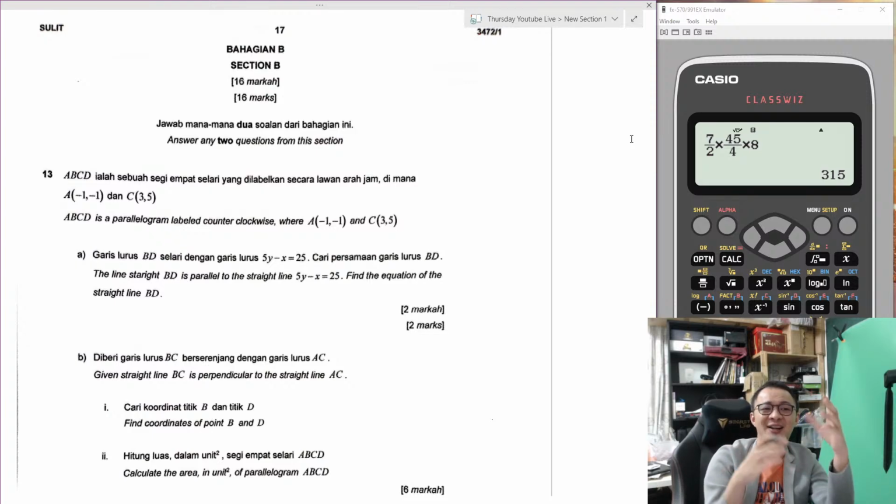I believe I will discuss section A only, because paper 2 should have sections A, B, and C, if not mistaken, I want to double check. So we use these 3 questions together with section A for Kertas 2 for Kelantan. And after that, maybe I'll go to Selangor and Negeri Sembilan if I can get the exam paper.